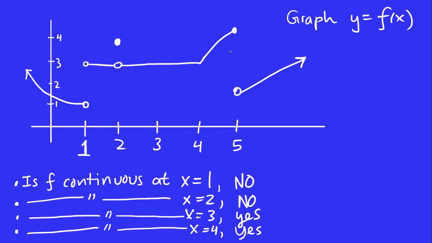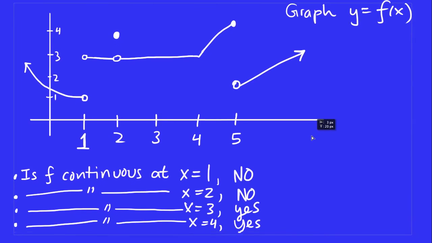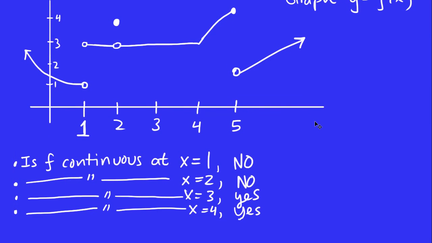Now, when we come to the next number, 5 here, notice at 5 we have a solid dot, and actually we have to have it there because it means something important in this situation. Let me ask you a question. What is f of 5? If you look at this graph, is it going to be like this number, like 4?